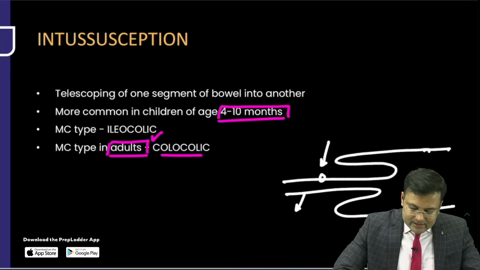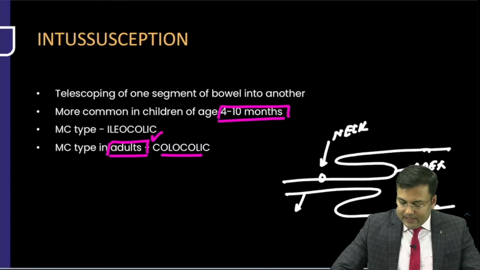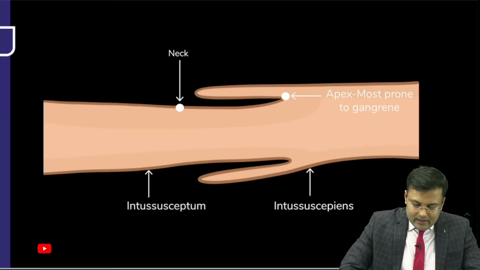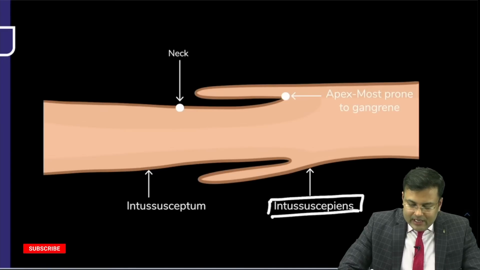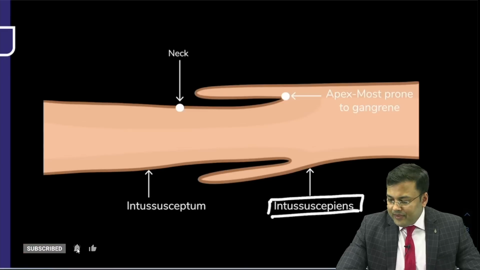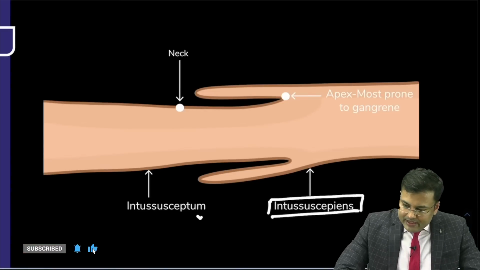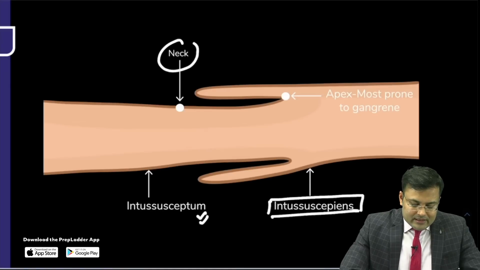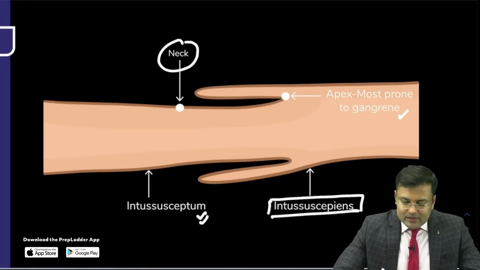Where it enters, this is known as neck, and the terminal part, this is known as apex. So what are the parts of intussusception? First, recipient is known as intussuscipiens, and incoming segment is known as intussusceptum. Where it enters, it's known as neck, and the terminal part is known as apex.